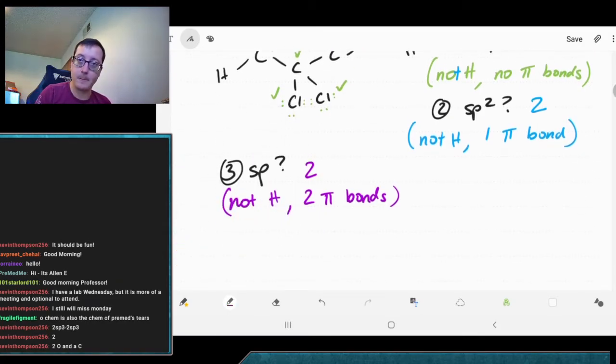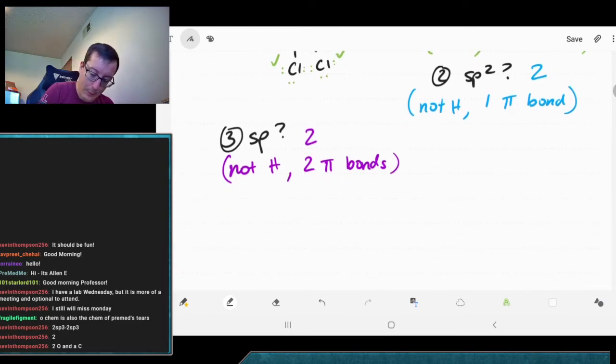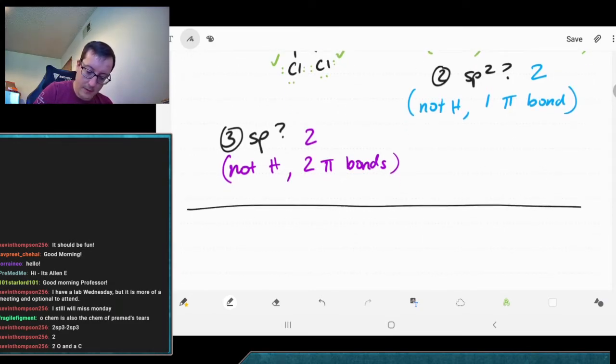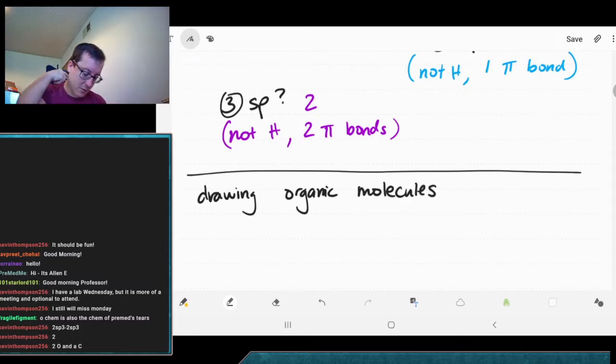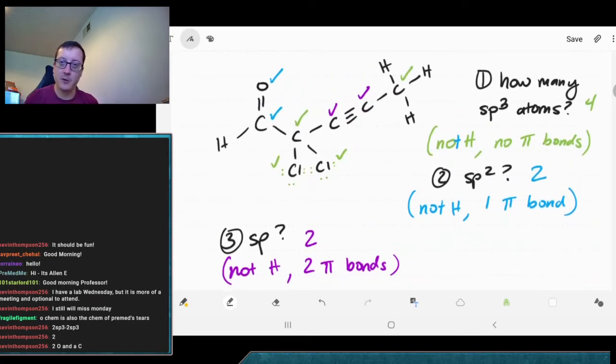Alrighty. Then let's talk about drawing organic molecules. Because we're going to see pretty quickly here, I will never give you a structure like this again, because it's a pain to draw.